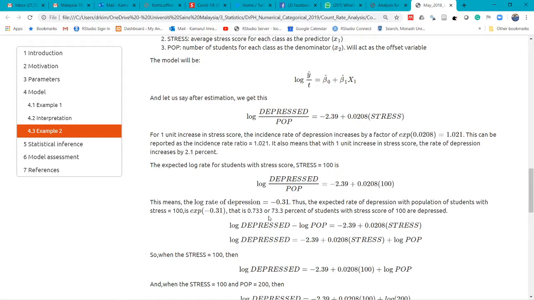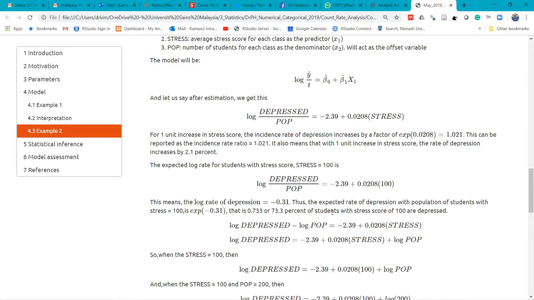If you have 100 here, it means this becomes 2.08, so you have to exponentiate 2.08.